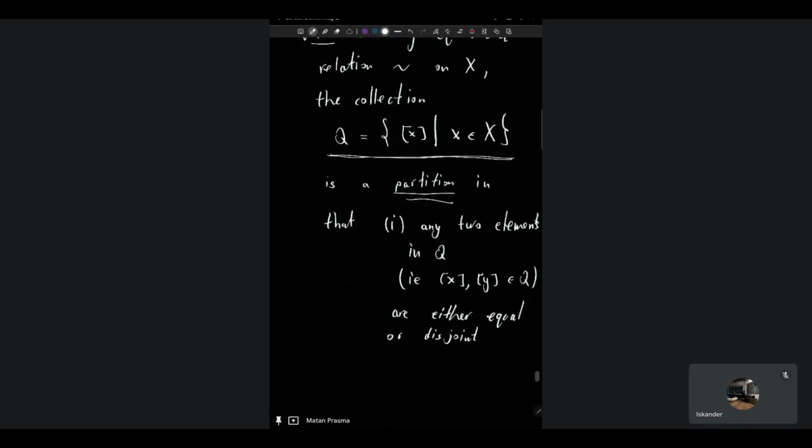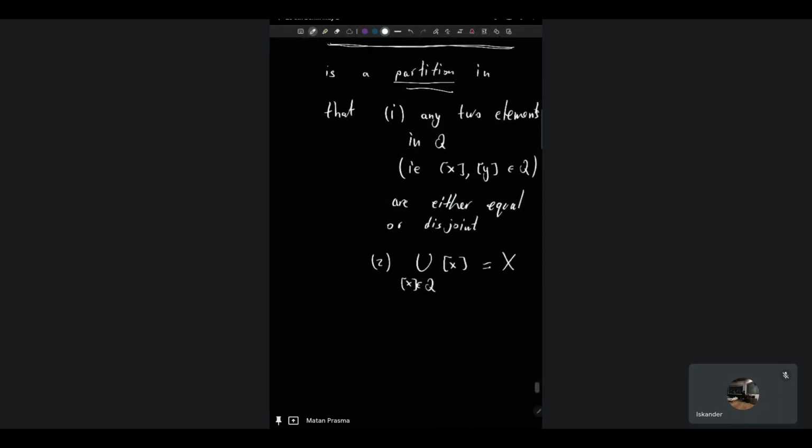And second, if I take the union of all elements in Q, when I take the union of all equivalence classes that appear in Q, then I get back my original ambient set X.